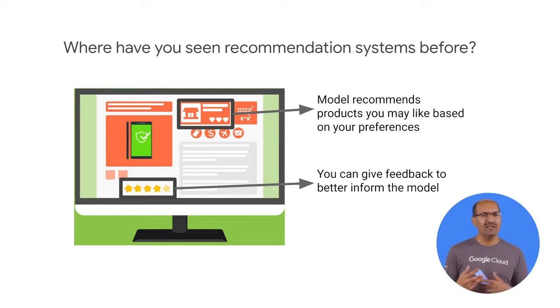A model learns what you like and don't like, what you buy and don't buy, and then starts to suggest similar products that you may not have discovered by yourself. You can then help inform the model explicitly by starring, upvoting, or downvoting your own personal rating of an item, or maybe by adding the item to the shopping cart.